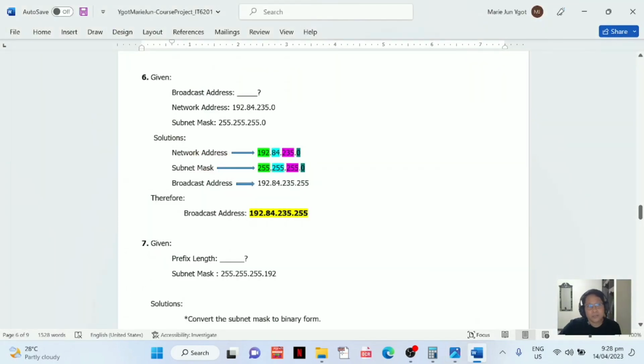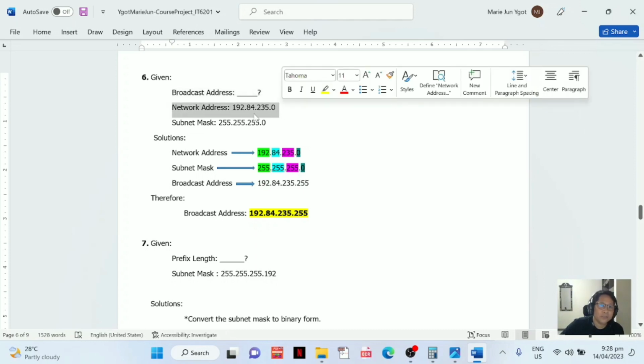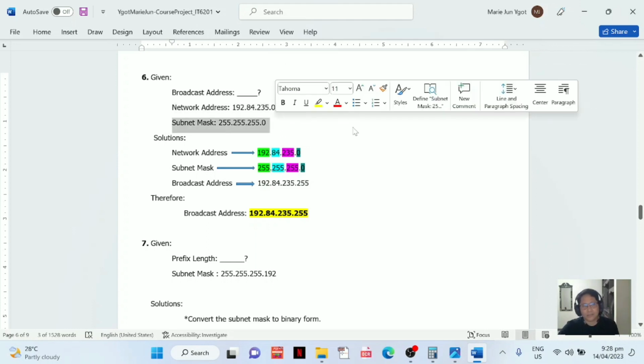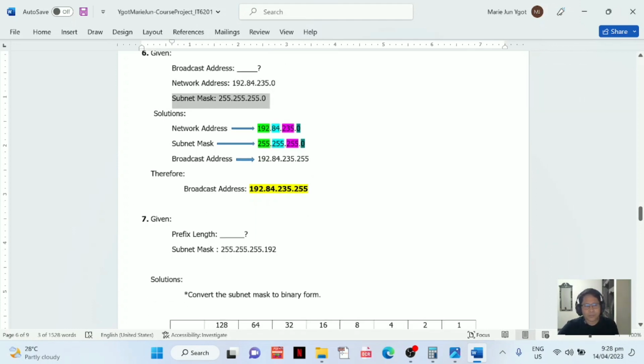So we'll go back. So we need to find the broadcast address and our given is this one, 192.84.235.0, and the subnet mask is this one. So our solution, so remember our rules.